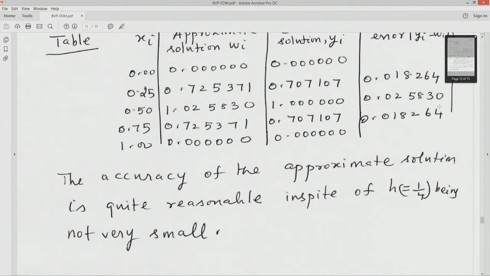It compares very well with the exact solution for this problem. So, we have illustrated the finite difference method of solving a boundary value problem governed by the second order equations subject to Dirichlet type of boundary conditions.